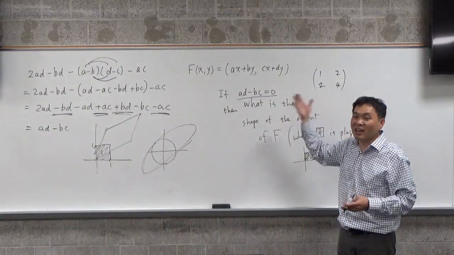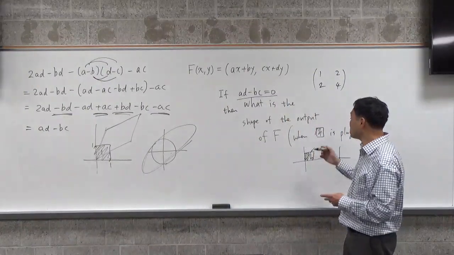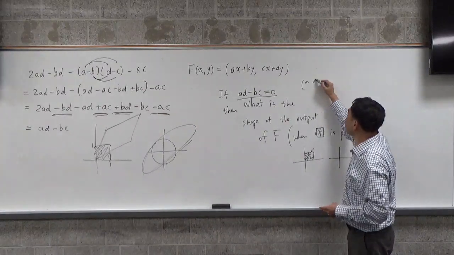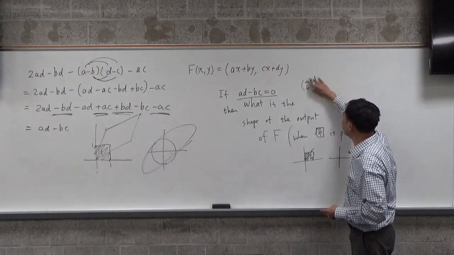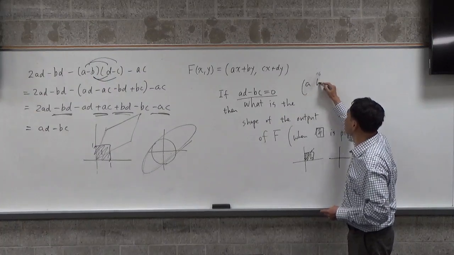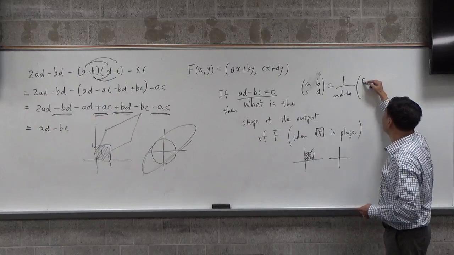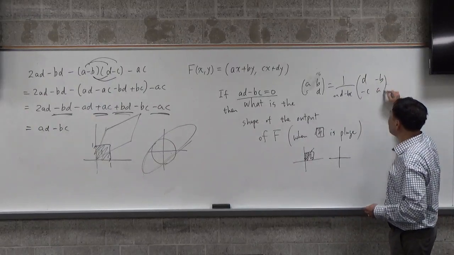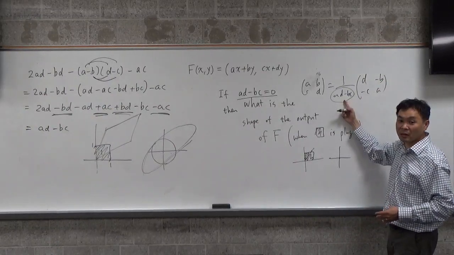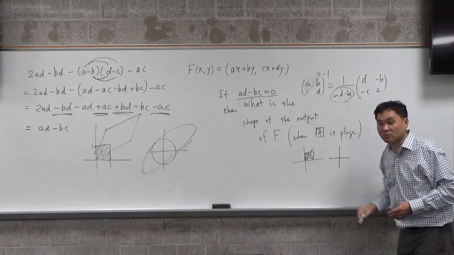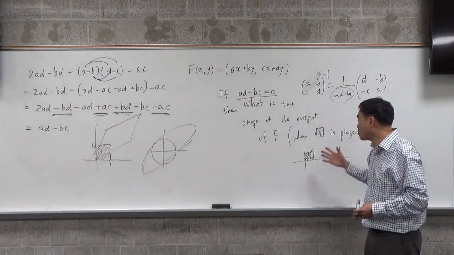And that's exactly what you see in the formula as well. If you look at the formula for the inverse function, ABCD, you get 1 over AD minus BC of D, negative B, negative C, A. And look at this. If this is 0, what happens? The inverse cannot be defined. This cannot be defined if that happens. Okay? And that has a geometric reason why.